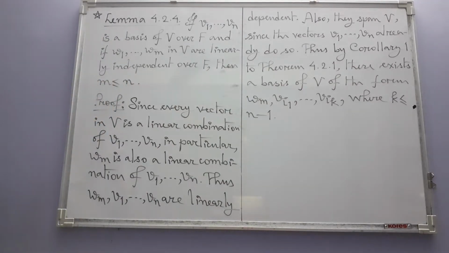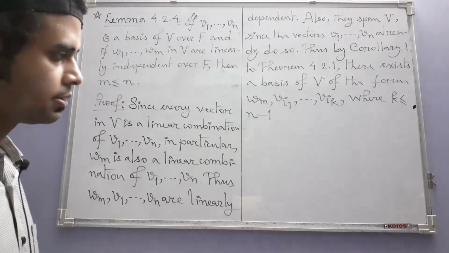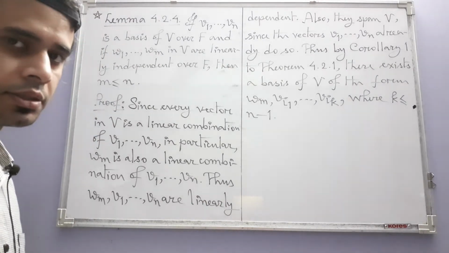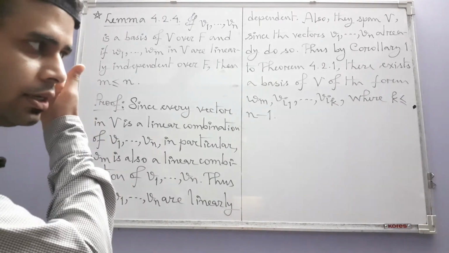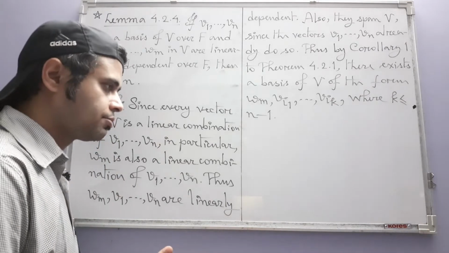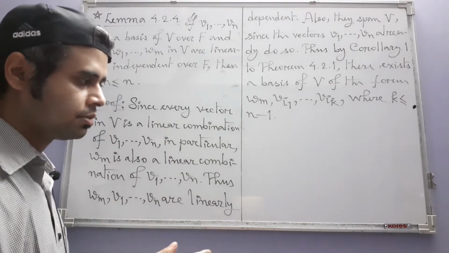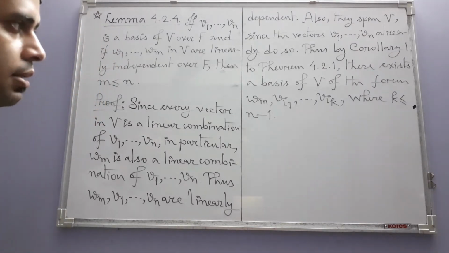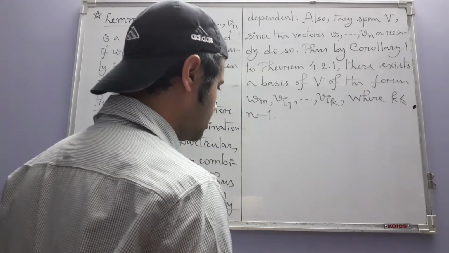So theorem 4.2.1, if you recall, is a result that says that if we are given a number of vectors in a vector space, say a list of vectors v1, v2 up to say vn, then either those vectors are linearly independent or some vector among them is a linear combination of the preceding ones. This is something we have already seen, and it has a corollary which is very important.